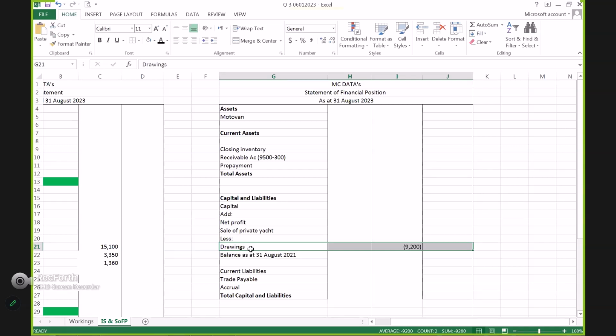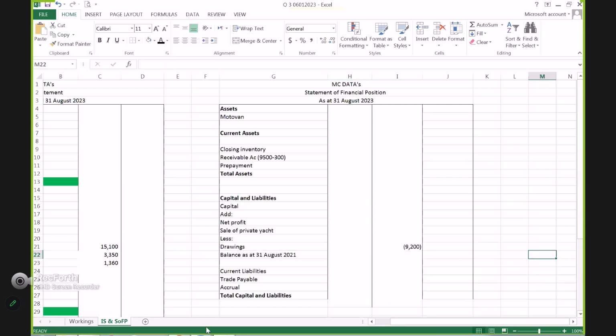When the owner draws cash, cash will be deducted and also equity or capital will be deducted. Therefore the cash drawing is deducted from the capital. Under capital and liability, you have to deduct drawings.